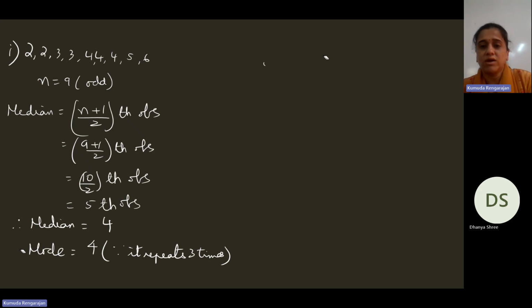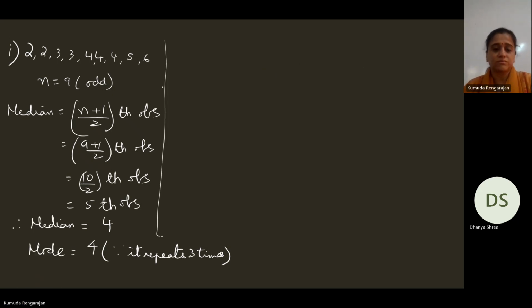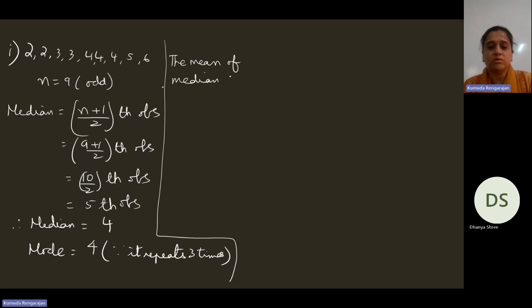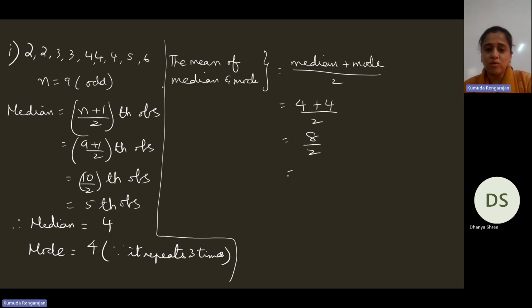I have space, so I'll just write it here. The mean of median and mode is equal to (median plus mode) by 2. 4 plus 4 by 2, 8 by 2, 4.